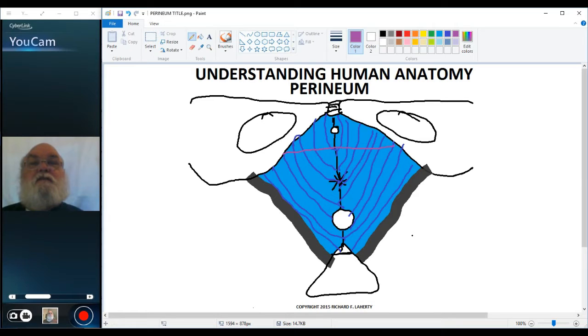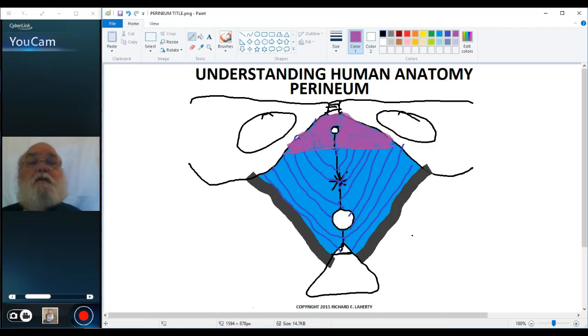And it's a left and right muscle. And it takes origin from the symphysis pubis and the inferior pubic ramus, and inserts on a midline raphe.